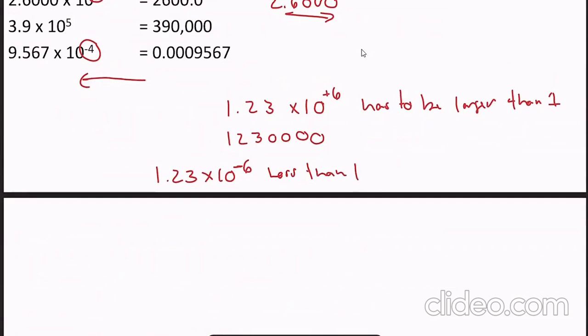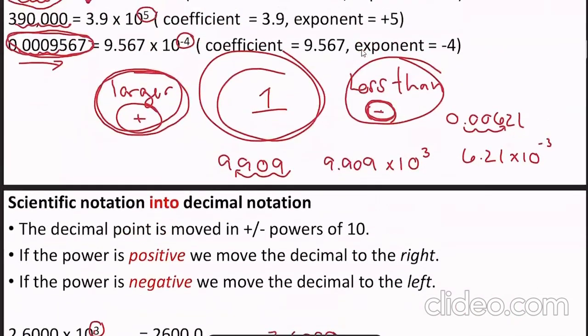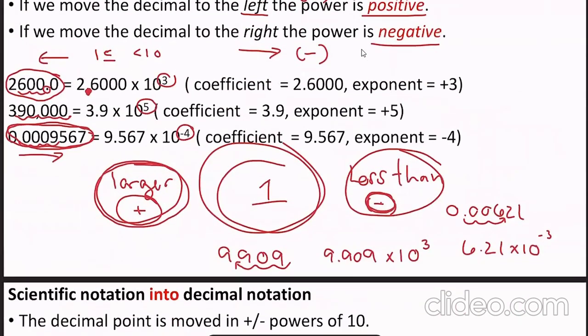There's no way I'm going to move this decimal place to the right. I have to move it to the left. And now I have a value that's less than 1. So this is how we deal with those exponents here.